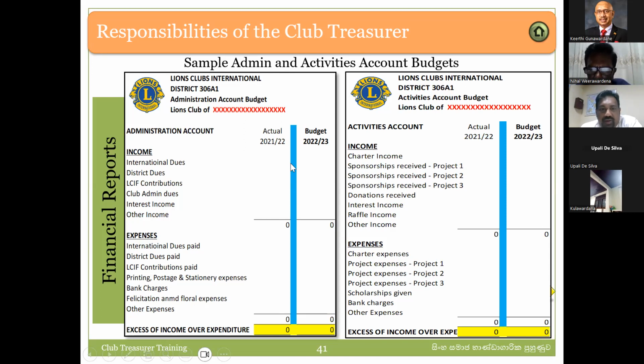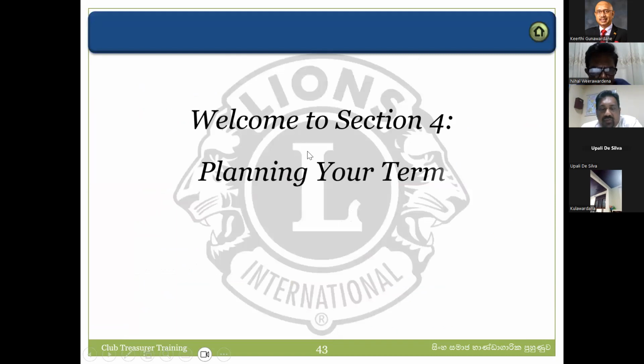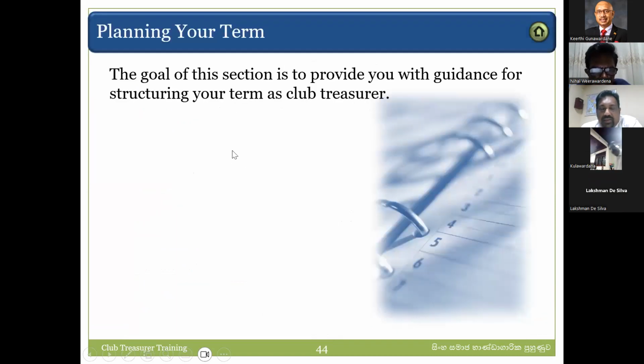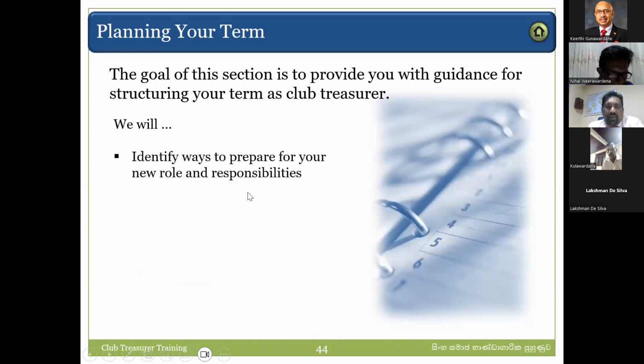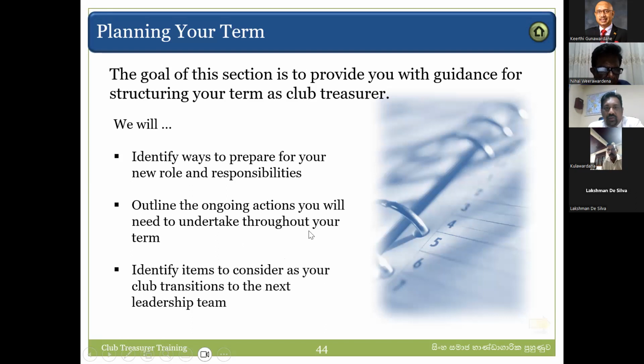I'll move forward. In section 4, we talk about planning your term. First of all, when you're planning, you have to set your goals, identify the way to prepare your new roles and responsibilities, outline ongoing actions you will need to undertake throughout your term, and identify items to consider as your club transitions to the next leadership team.